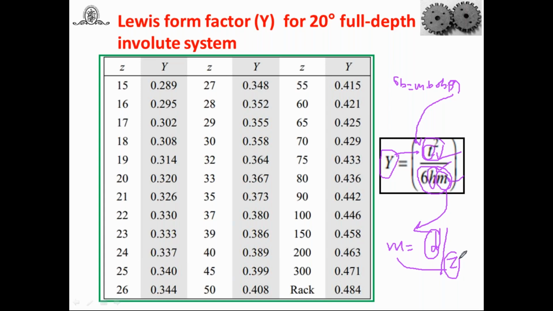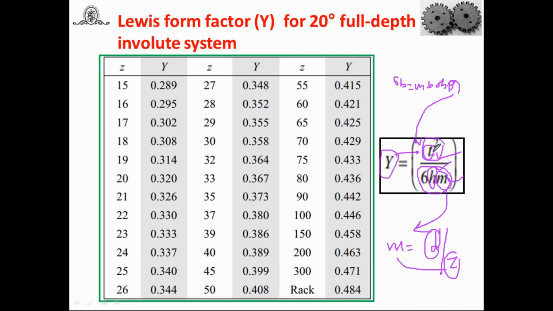m depends on d, the pitch circle diameter, and on z, the number of teeth. In general, the Lewis form factor depends on t, the tooth thickness, the height of the tooth, the pitch circle diameter of the gear, and the number of teeth on the gear. Try to understand, it's the physical significance.